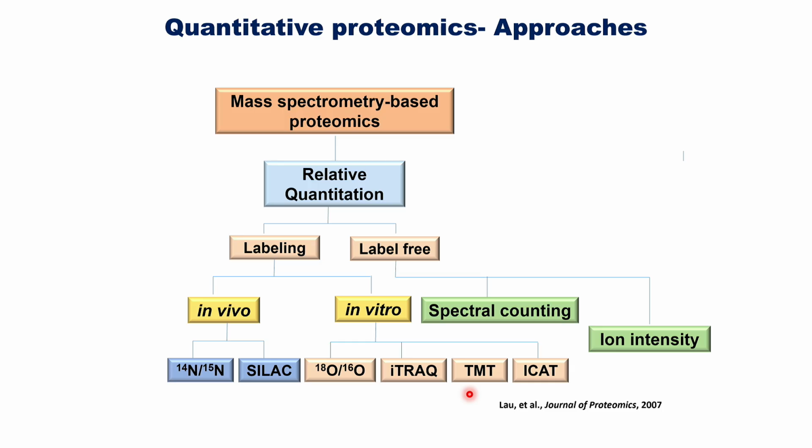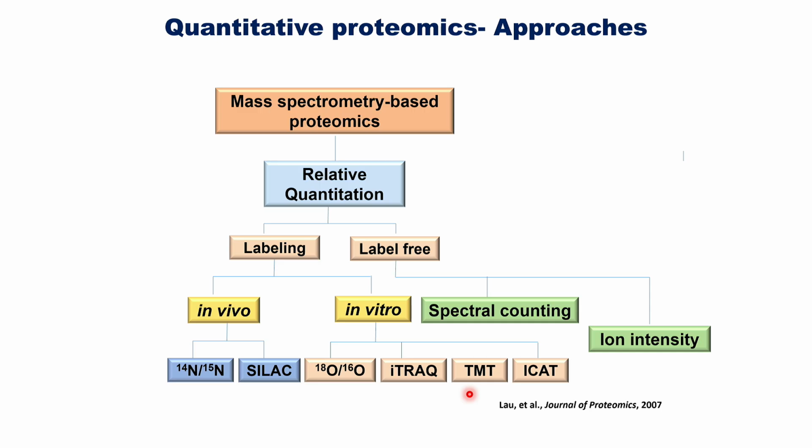Okay, so let's say we have two groups, Alzheimer's and control, healthy. So I will label the Alzheimer's with barcode A, and the healthy control will be barcode B, and then in the mass spec, it will know that okay, this peptide is barcode A, this peptide is barcode B, but they will be close, correct?